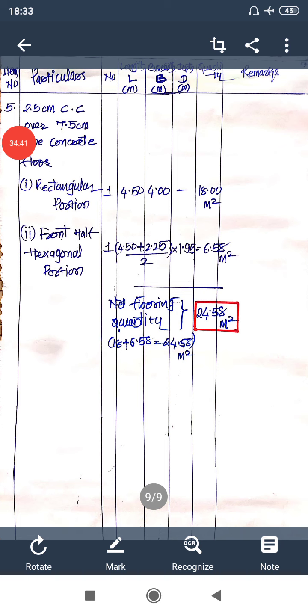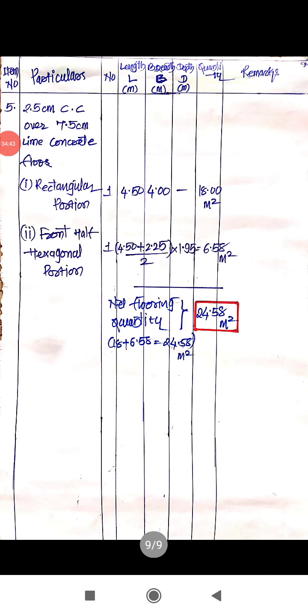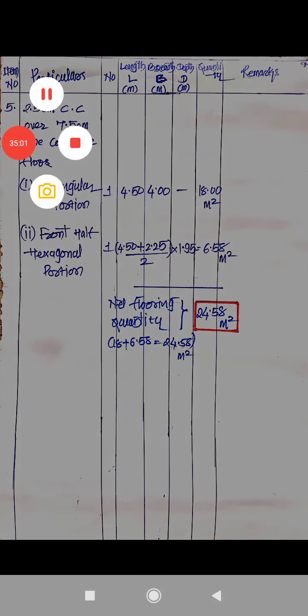Now the last quantity is that 2.5 centimeter cc over 7.5 centimeter lime concrete floor, right, the flooring quantity. As I said, that whole section you can divide into two portions. One is the rectangle portion, so you can multiply 4.50 into 4 meter, you'll be getting 18 meter square is the quantity.